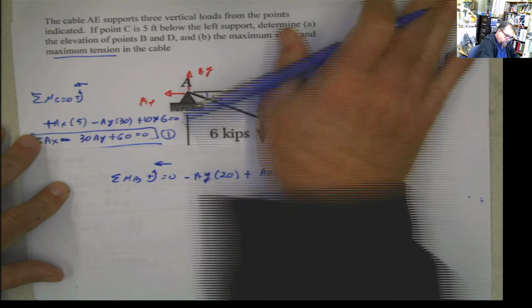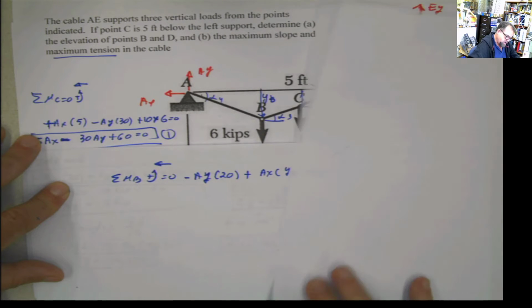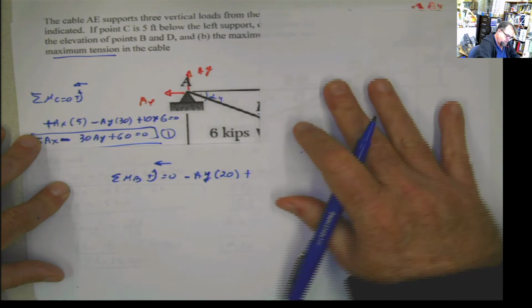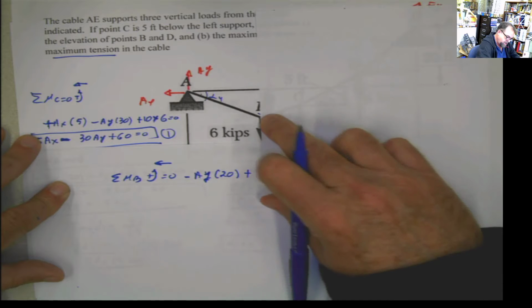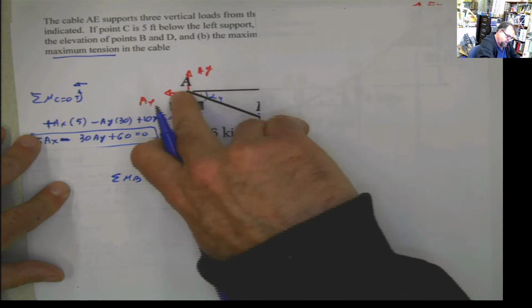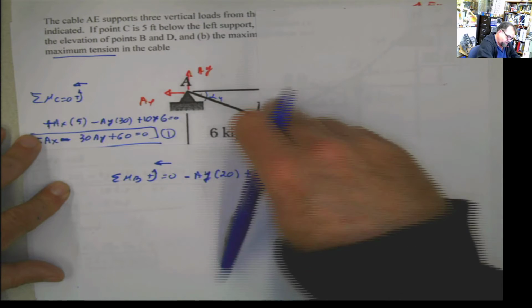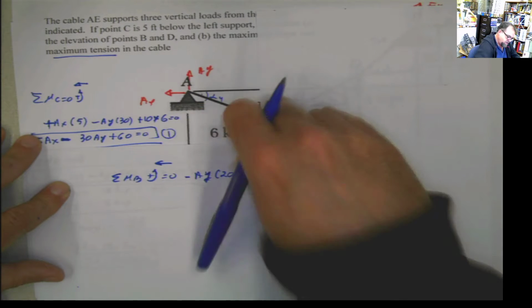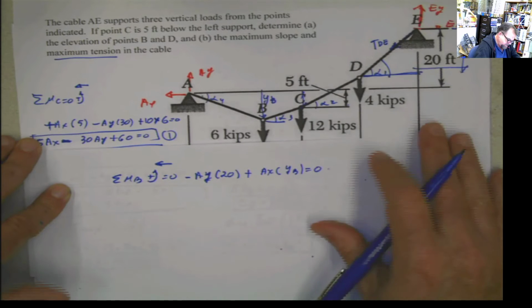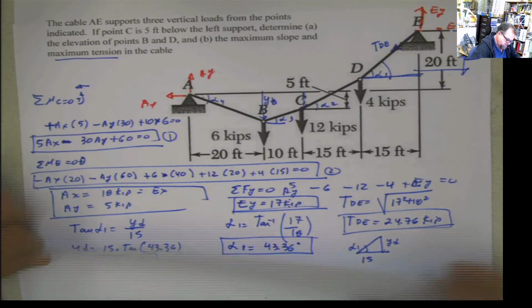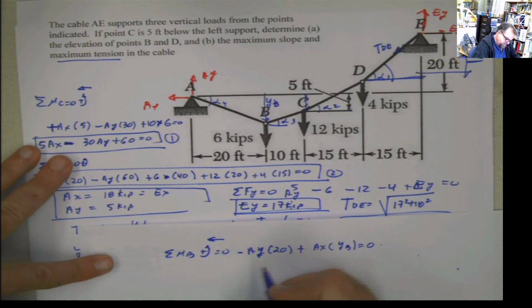Remember, we're doing moment only here. The cable skip doesn't produce any moment because I'm taking the moment there. So it's just AX times this vertical distance, which is YB, and AY times this horizontal distance, which is 20. And AX from our previous calculations was 5 and AY was 18.